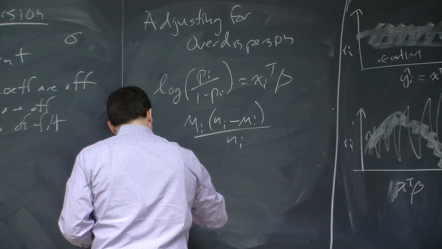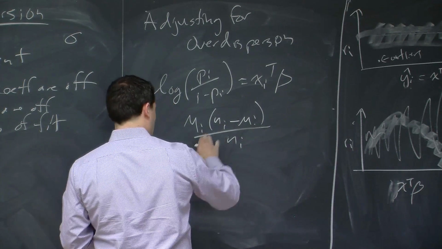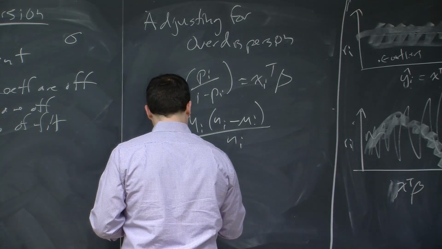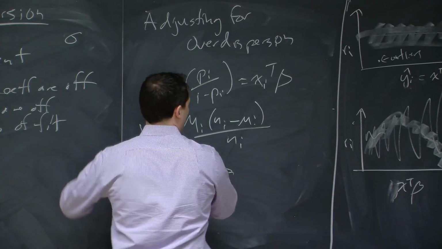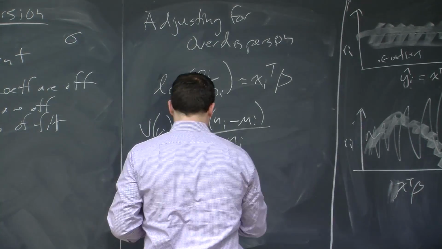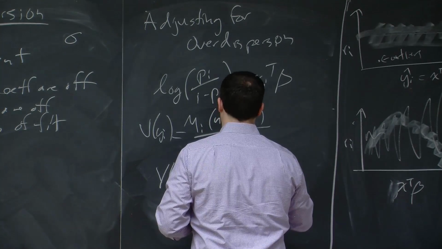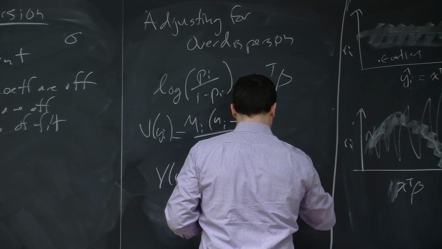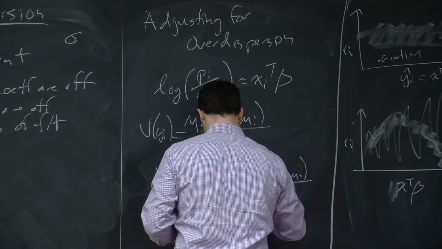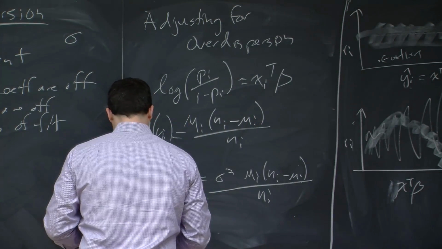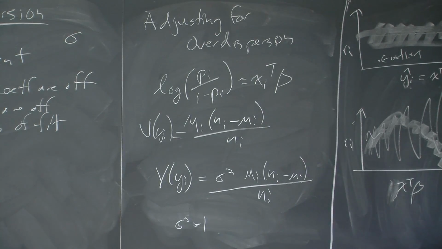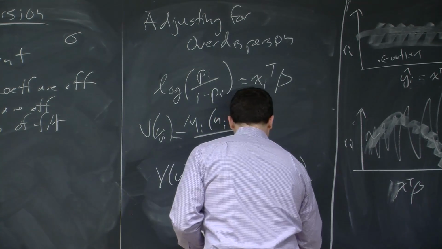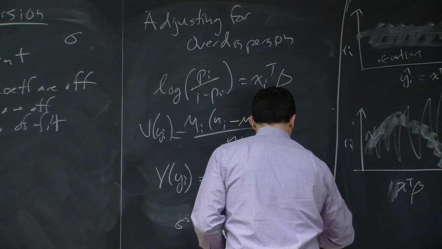Now we're going to include a new parameter. Instead of the variance being this, it's going to be sigma squared times this. So this is the one under the binomial hypothesis, and now we're just adding a multiplier to it. When sigma squared is equal to 1, it's not overdispersed. When sigma squared is greater than 1, we have overdispersion.